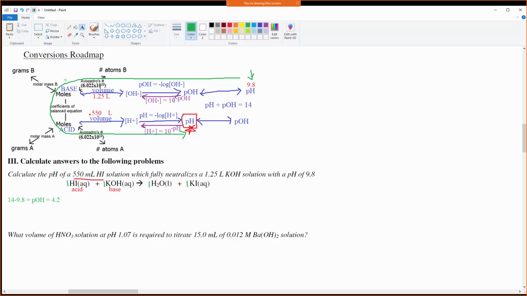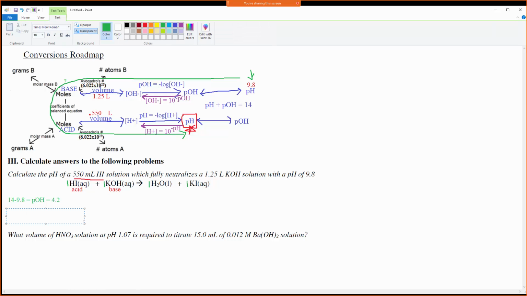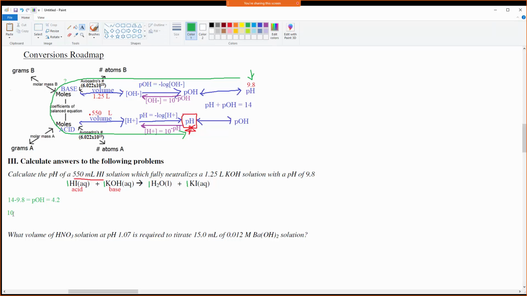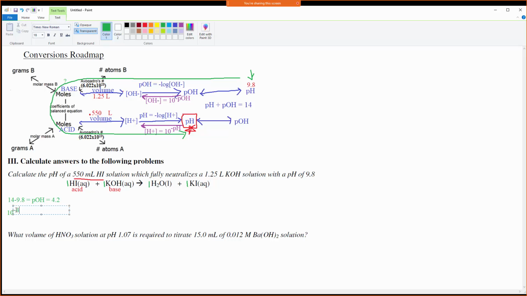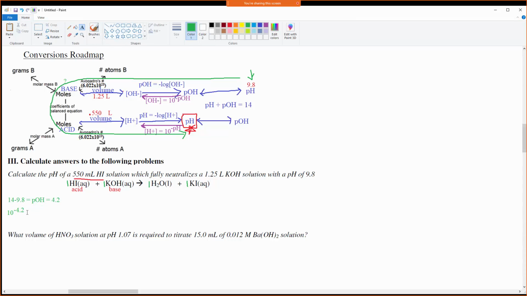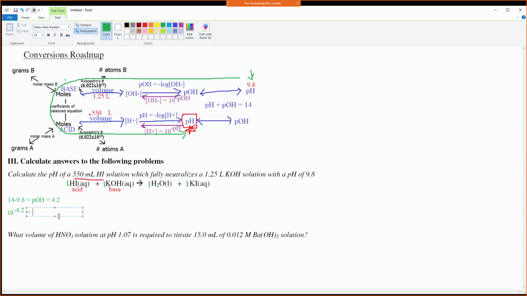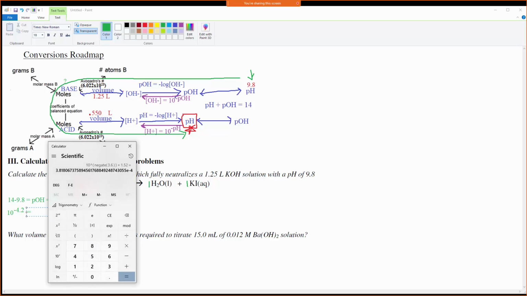I have to take 10 raised to the negative pOH to give me my OH minus concentration. So 10 raised to the negative 4.2 is equal to, what do we get? 10 raised to the negative 4.2, 6.31 times 10 to the negative fifth.